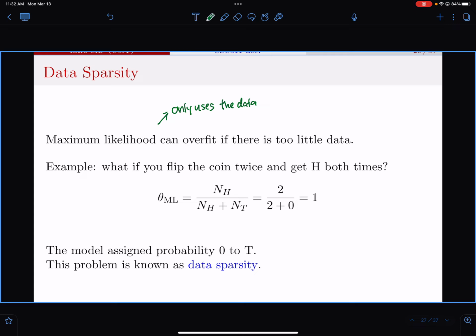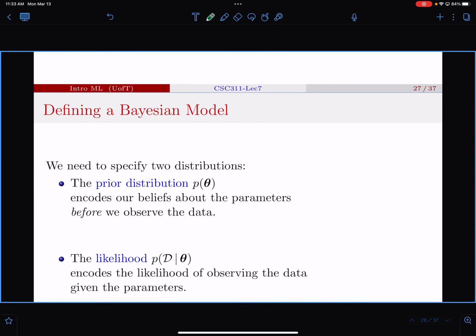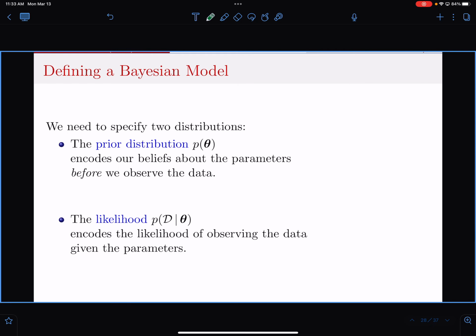Yeah, so the Bayesian approach is going to basically have some sort of prior assumption on what the distribution looks like, and that prior will help us avoid this pathological case. So the rough idea of the Bayesian model is that previously, for maximum likelihood estimation, we assumed theta is some fixed quantity.